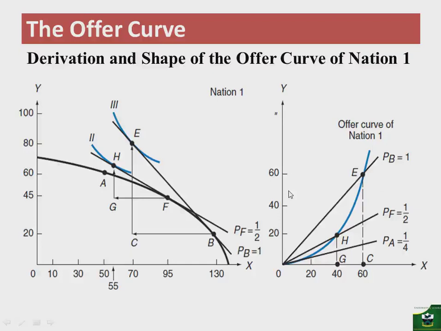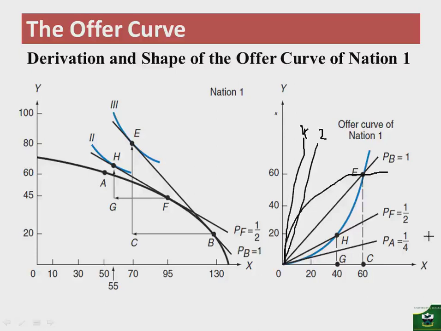We can draw these lines to show this. We will have this ray of 2, and this one of 4 will pass somewhere here. So we can have the 4 there. And if we join these lines with a smooth curve, we will have the offer curve for Nation 2 passing like that.